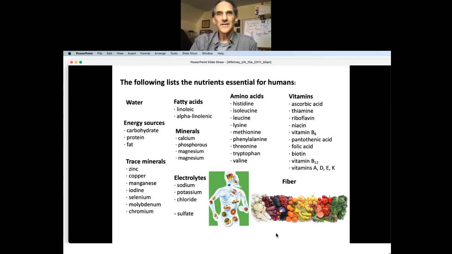We need them in our dietary intake. All vitamins are organic in nature, as opposed to inorganic. The inorganic nutrients we'll be discussing coming up next, and those will be the minerals and electrolytes and trace minerals on the left bottom corner of our list of nutrients.